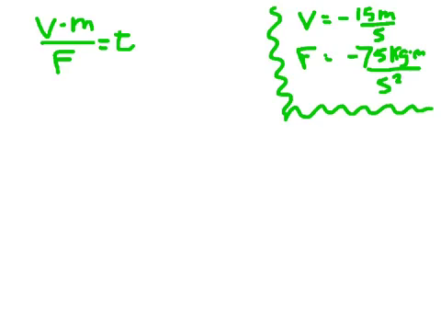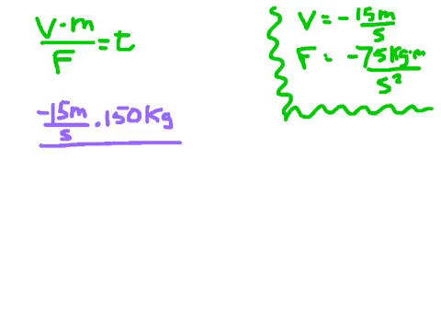Let's change pen colors again, go to purple. So now, what is velocity? Velocity is negative 15 meters per second times the mass, which is 150 kilograms, over the force, which is negative 75 kilograms times meter over second squared.